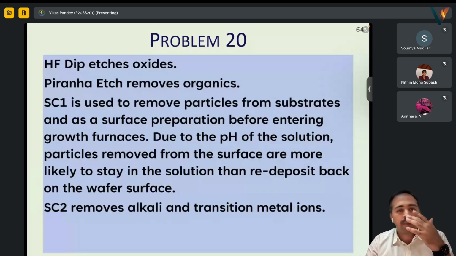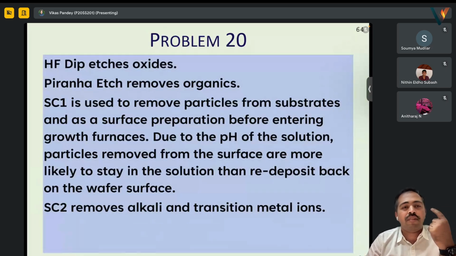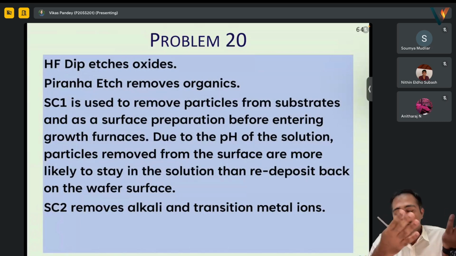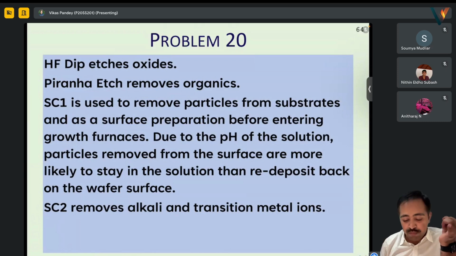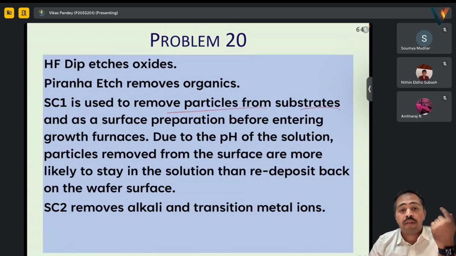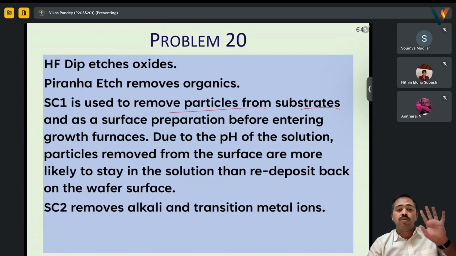Let's summarize the whole thing that we have seen. HF dip is used to remove oxide. Piranha removes organics, so we start with Piranha. Then we go for SC1, which is used to remove particles from the substrate. Due to the pH of the solution, the particles removed from the surface are more likely to stay in the solution and do not redeposit on the wafer surface.